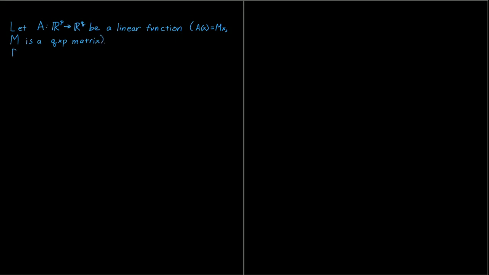And then we recall, hopefully this is a fact you all learned in your linear algebra class. If not, it's a useful exercise to work out why it has to be true. If P is less than Q, then A is not surjective. So in particular, it is not invertible.